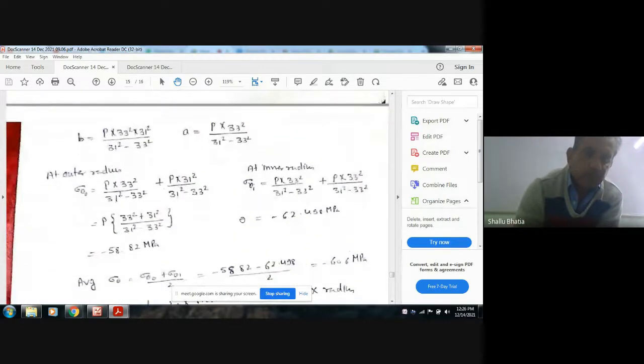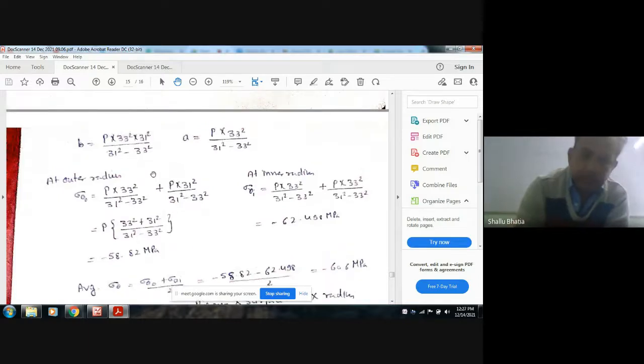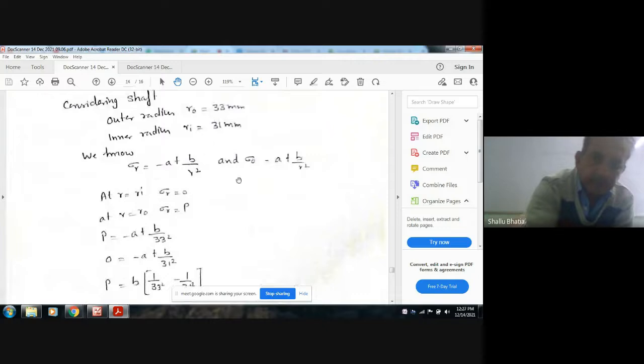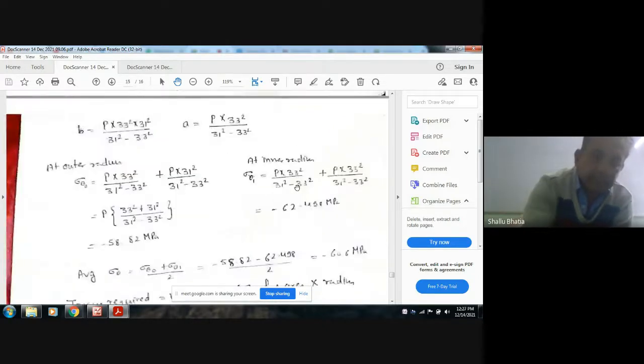So once we have A and B, we can use it for finding the hoop stress at outer radius and at inner radius. The hoop stress is given as A plus B by r square. So the value of A is this.